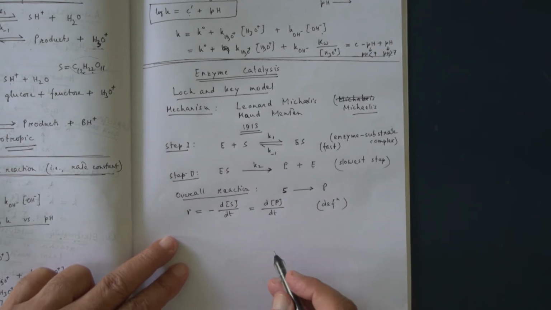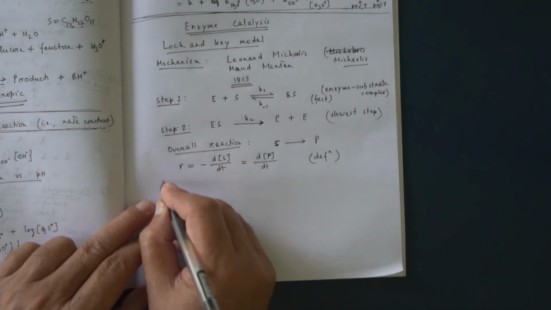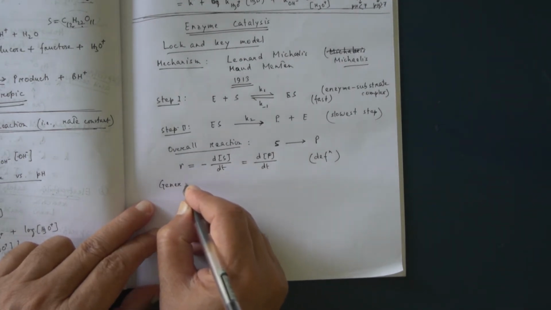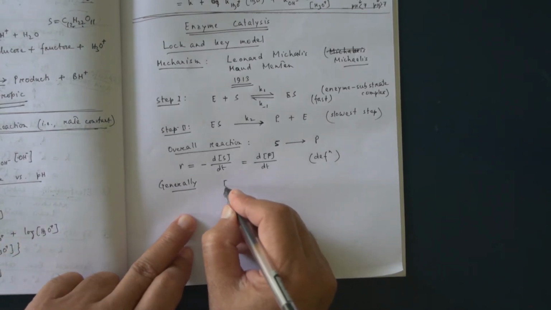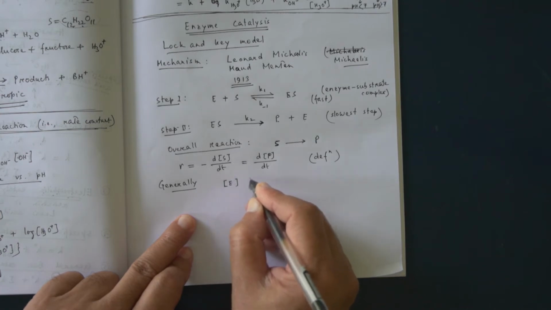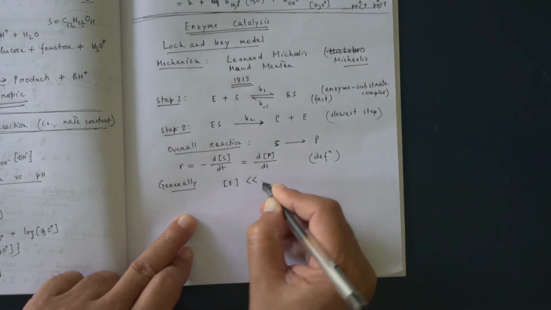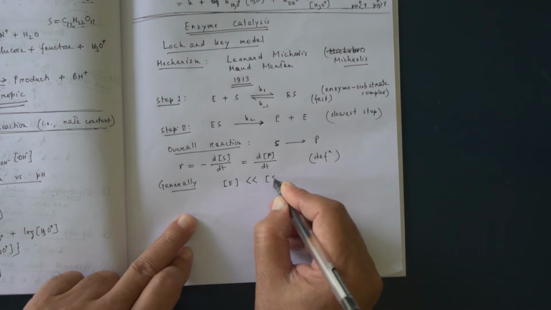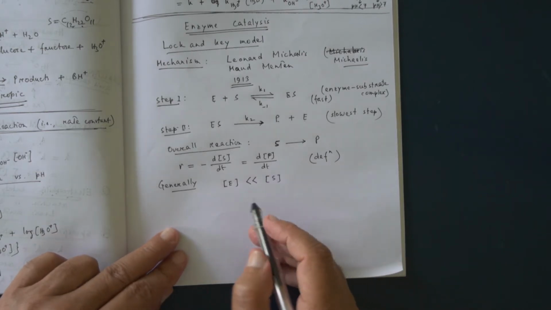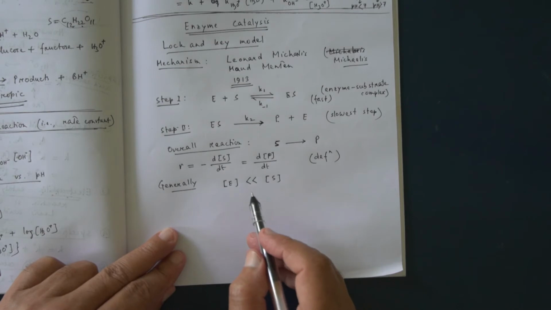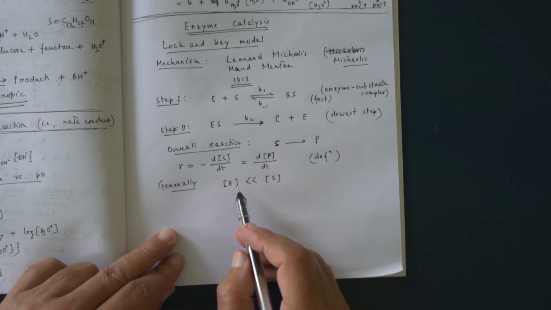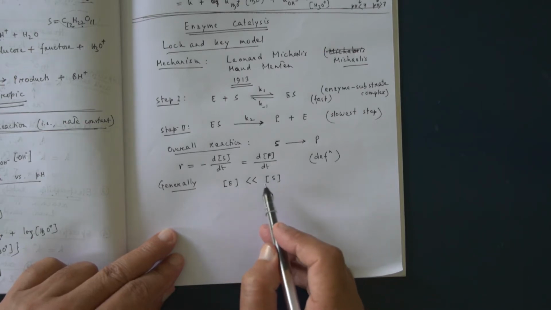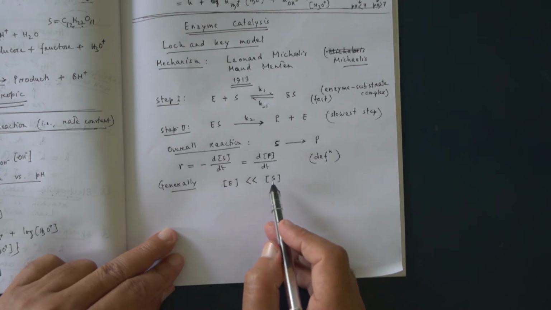Now generally what happens? The concentration of enzyme is much less than the concentration of the substrate. The enzyme is present in a very small amount, but obviously the amount of the substrate will be much higher.